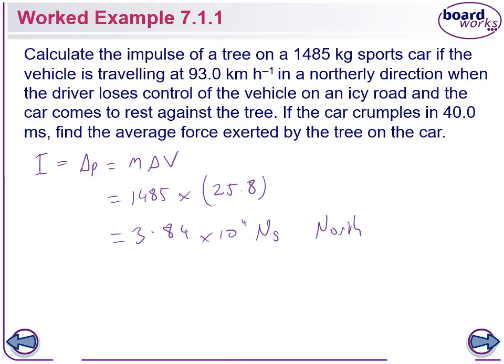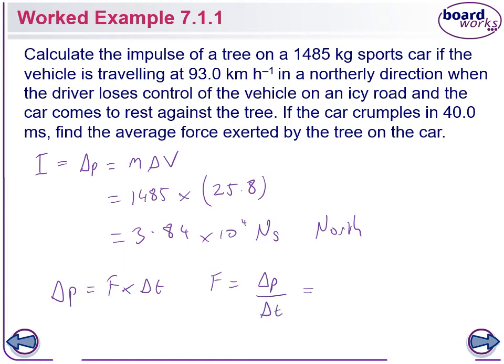Okay, the last bit. If the car crumples in 40 milliseconds, find the average force exerted by the tree on the car. So that brings us back to our impulse equation. It's equal to force multiplied by our change in time. Okay, that's our definition of impulse. So we're looking for the force. So we can rearrange this and we get force is equal to change in momentum divided by change in time.